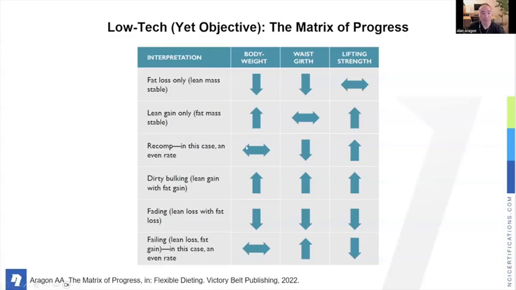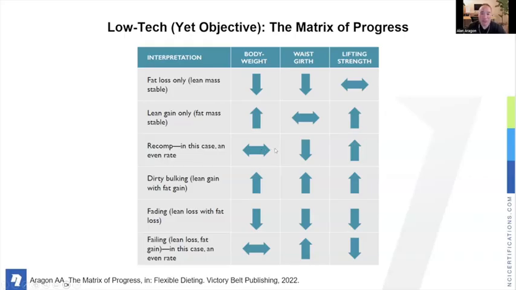And so recomp, so now we're getting to the cute names here. Recomp, also known as recomposition, is where lean mass gain and fat mass loss happen at a roughly equivalent rate. Recomp doesn't always have to be an equivalent rate of lean mass gain and fat mass loss, but in this particular example and with this particular method, it is.